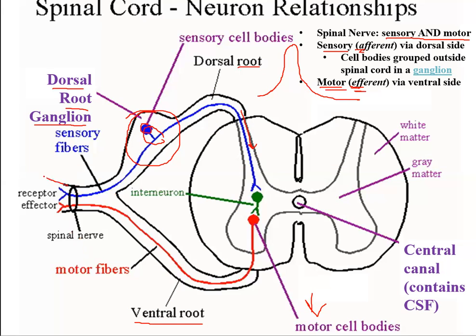And as we know, the spinal nerve will soon split into the dorsal ramus and the ventral ramus. Both dorsal and ventral rami contain both sensory and motor information. The only structures that carry only one type of information, sensory or motor, are the dorsal and ventral roots.